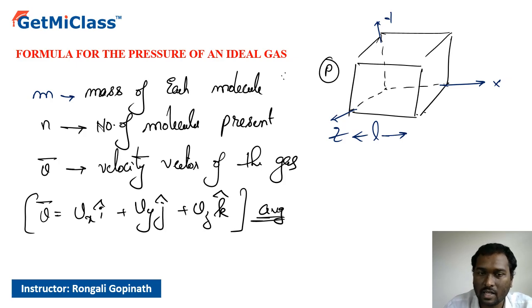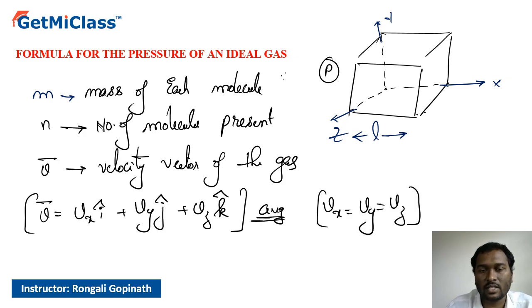Don't you think that these velocity components along x, y and z axis should be the same? That is Vx equals Vy equals Vz. Okay, these are the initial parameters that we are going to define. If we come across new parameters, we'll define them at a later stage.